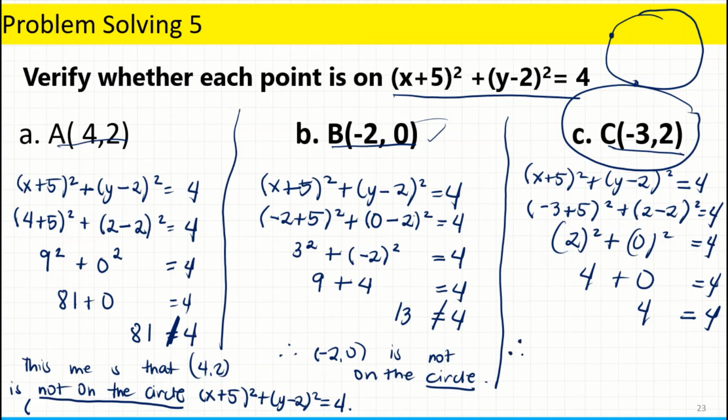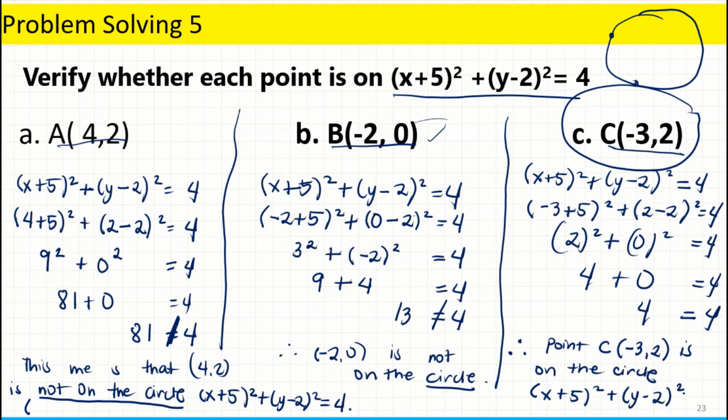So therefore, point C, negative 3, 2, is on the circle (x plus 5) squared plus (y minus 2) squared is equal to 4. Okay?